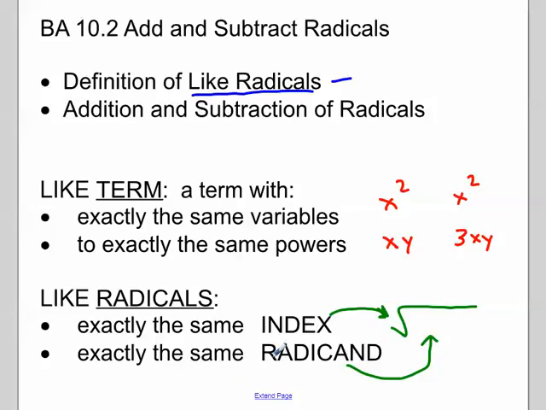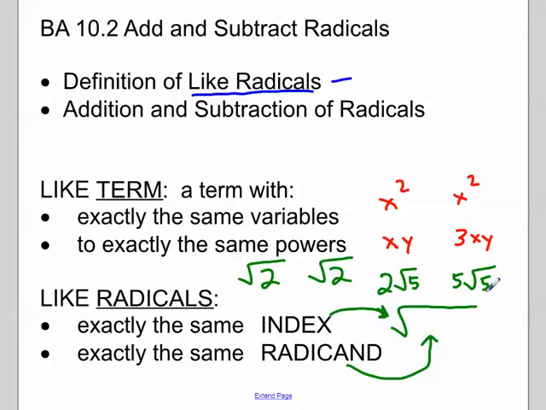So square root of 2 and square root of 2 are like radicals because they've got the same index, same key to get inside the house, same radicand, same stuff inside the house.